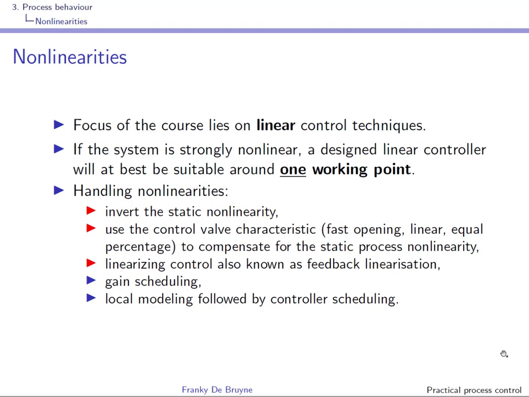This kind of technique can also be used with internal model control. So you let the gain of the process, and because the tuning parameters then become the process parameters, you let the gain of the process and the time constant and the dead time evolve with the working point. This will be viewed in section 6.